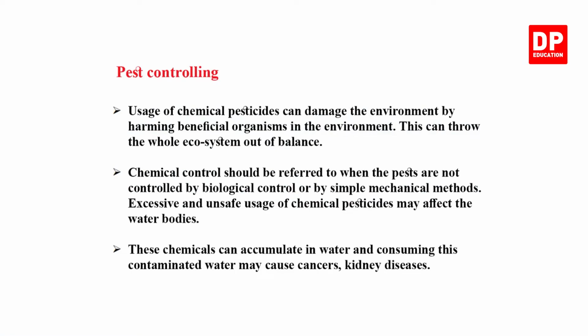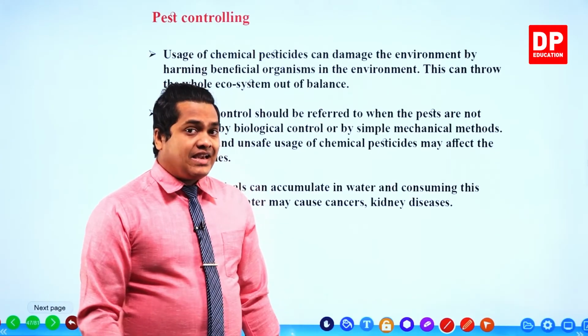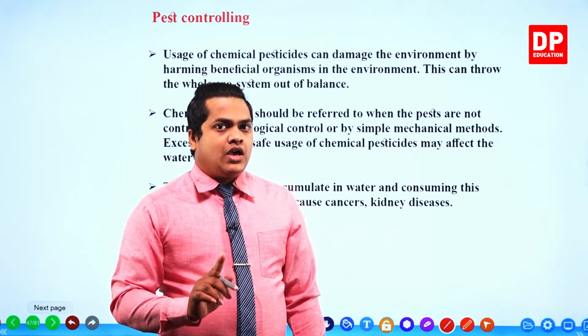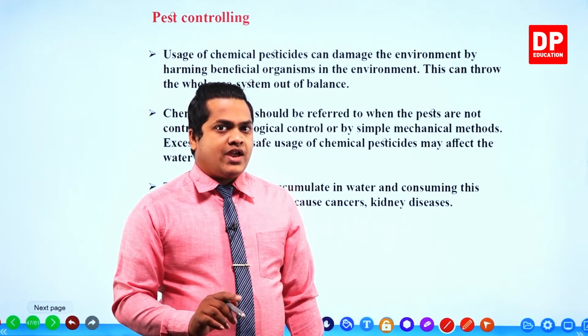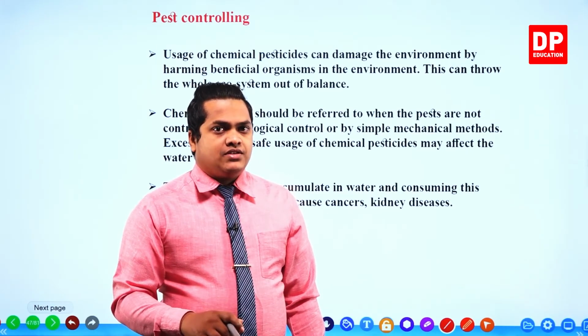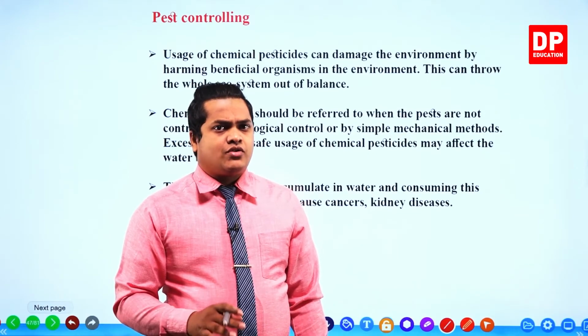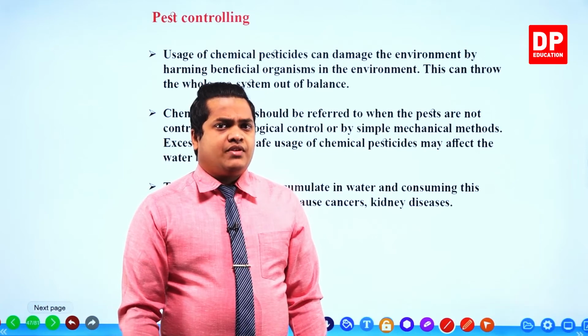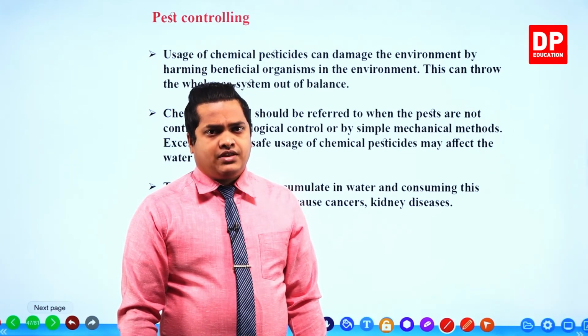So usage of chemical pesticides can damage the environment by harming beneficial organisms in the environment. This can throw the whole ecosystem out of balance. So like I explained earlier, my dear children, I hope that you could remember I told you that when using agrochemicals or chemical substances to control pests, these chemical substances would definitely harm the favorable organisms who are living in the soil.